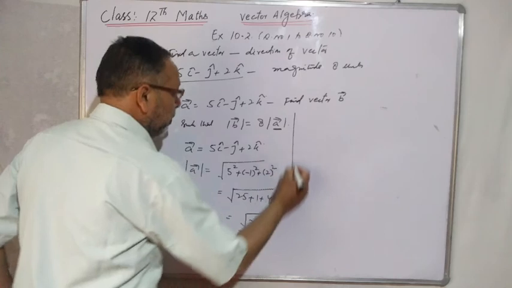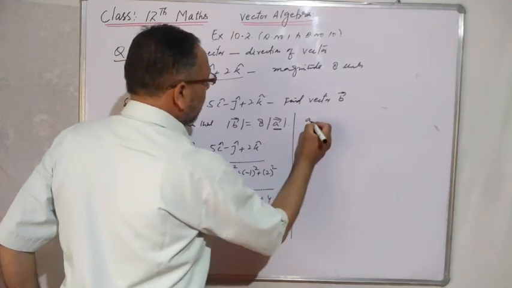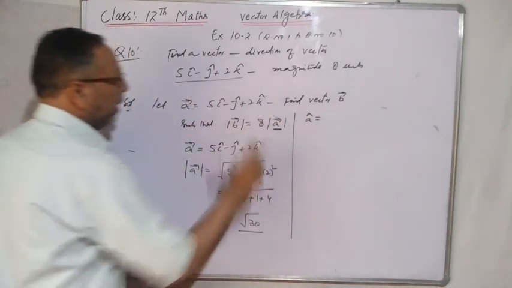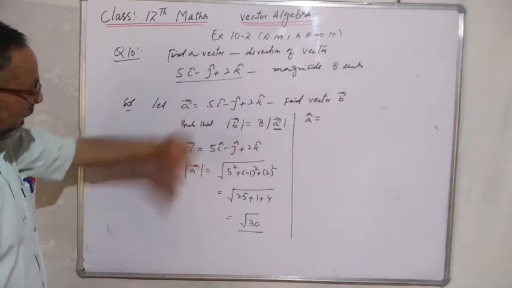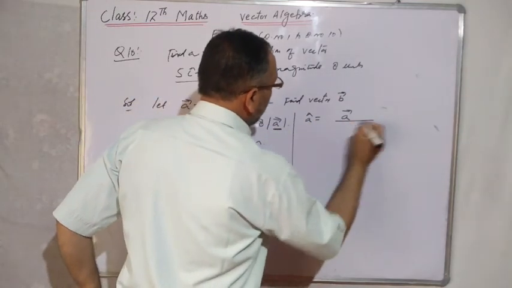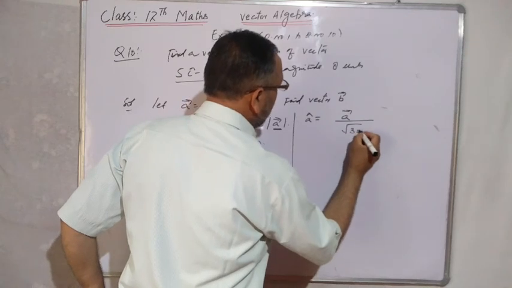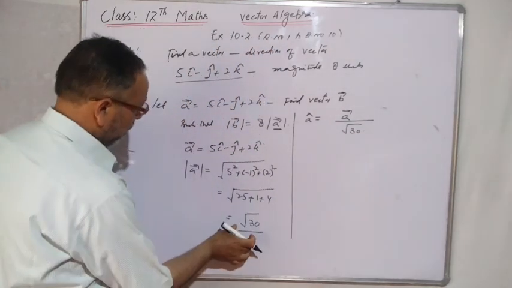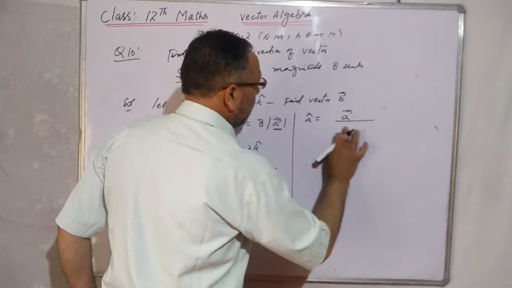Now find the unit vector of A. A cap is equal to A vector over root 30, where root 30 is the magnitude of vector A.